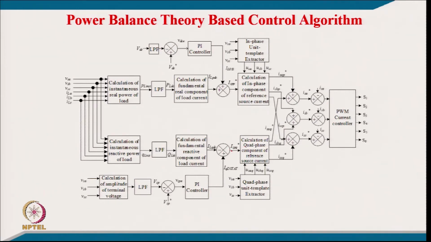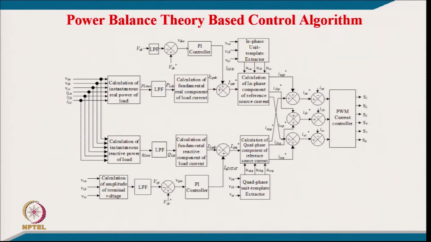So, you have an amplitude of the leading current flowing into the supply, or reactive current flowing into the supply, multiplied by the template which is in quadrature. So, you will get a quadrature current with the supply voltage, and adding the in-phase component and the quadrature component, we get the total supply current. We sense the supply current, and we have a current controller for maintaining this.